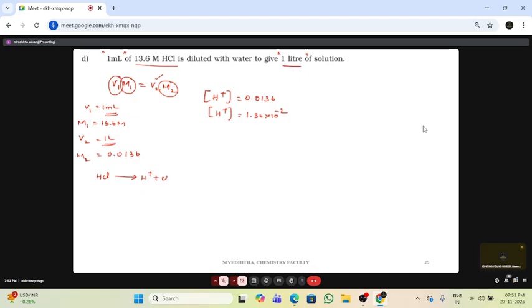So upon complete dissociation, we get 0.0136 molarity as the H plus ion concentration, from which we can calculate pH. So pH is minus log of 1.36 into 10 power minus 2. Please simplify this and tell me the value of pH.